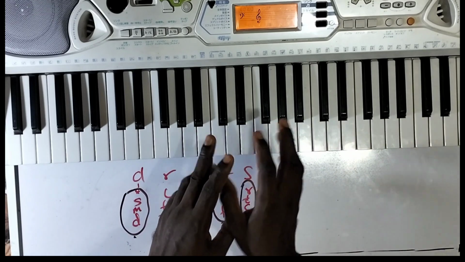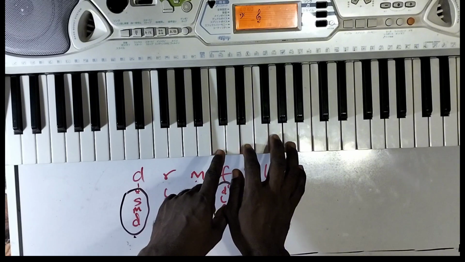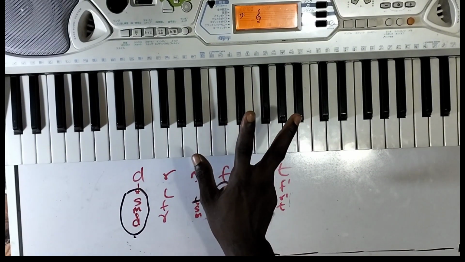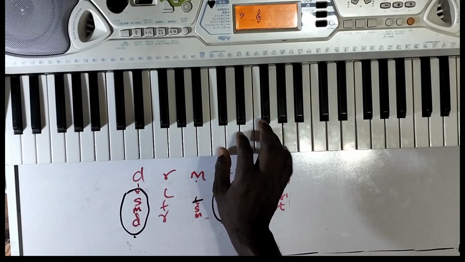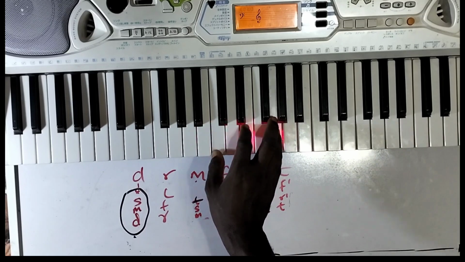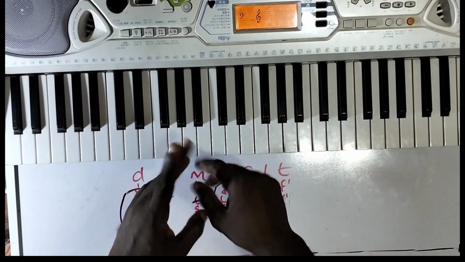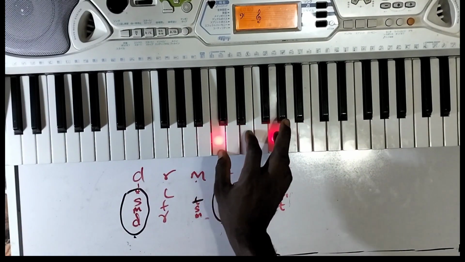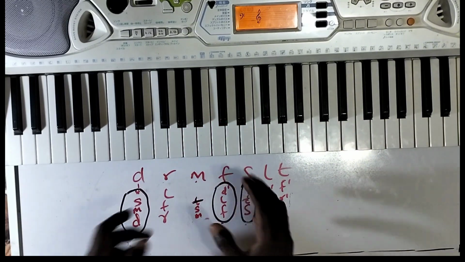If you want to vamp with key C, some people like using these three fingers only, but sometimes I use it like this, sometimes like this. Anyone that feels better in your hand, use it.